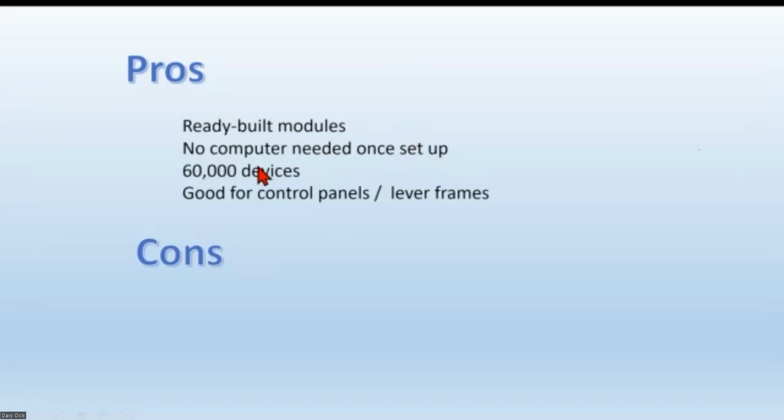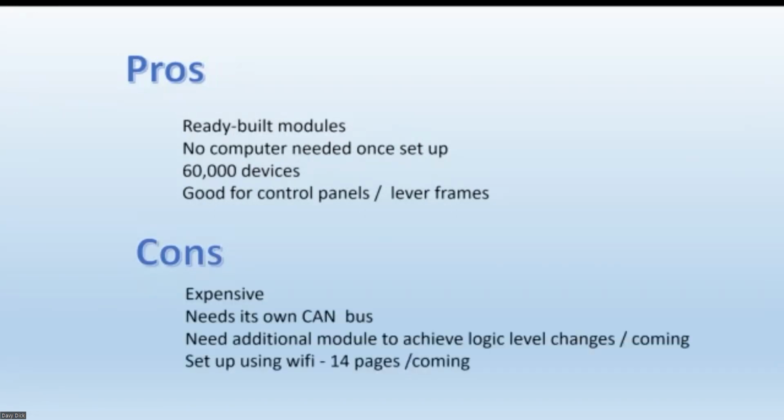It can handle a huge number of devices, and it's ideal for control panels and lever frame use. Downside is it's expensive. It's using a CAN bus. It's not the C bus. It's not MERG's CBus. It's another version of the actual original CAN bus.